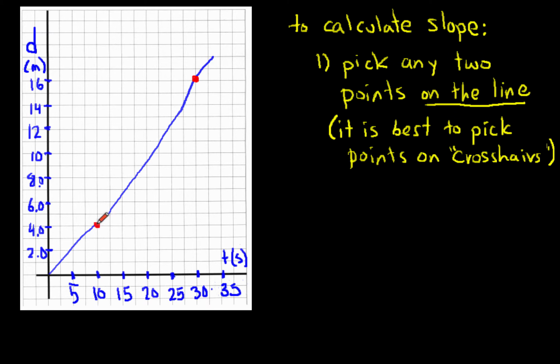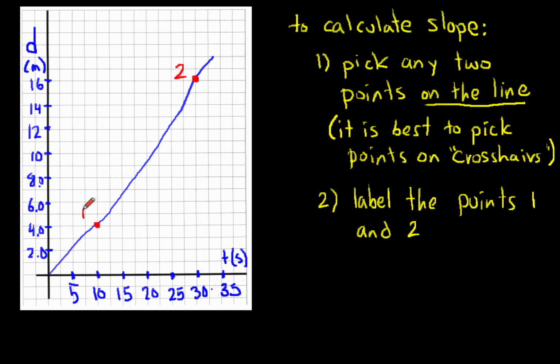For example, this point and this point are both good points on crosshairs on the graph. Pause the video now to take a moment to find your points and label these points point 1 and point 2. It's easiest if you label the top point 2 and the bottom point 1, but it's not necessary.